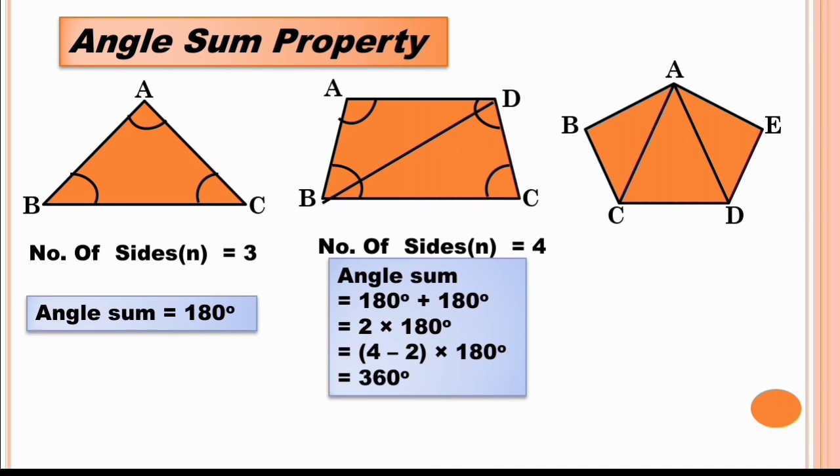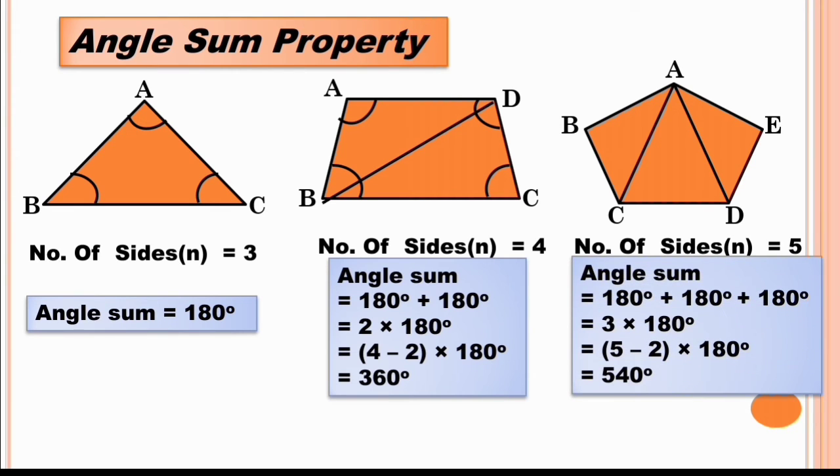Look at this pentagon also. If we join AC and AD, we will get three triangles. So this pentagon now divides into three triangles. So here the number of sides is 5 and the sum of all angles will equal 180 degrees plus 180 degrees plus 180 degrees, because this pentagon is dividing into three triangles.